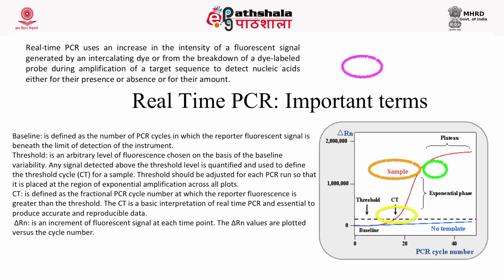You can also see on the y-axis delta Rn. Now, this is an increment of fluorescent signal at each time point. The delta Rn values are plotted versus the cycle number to get the quantification plot.